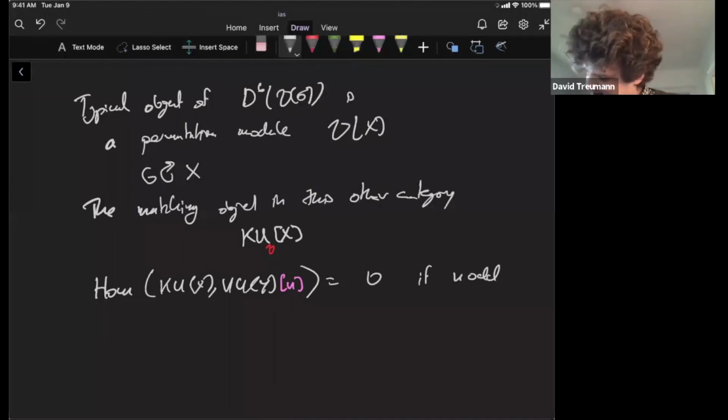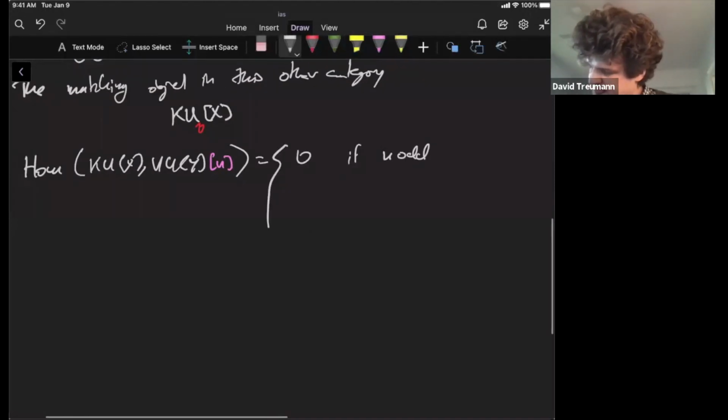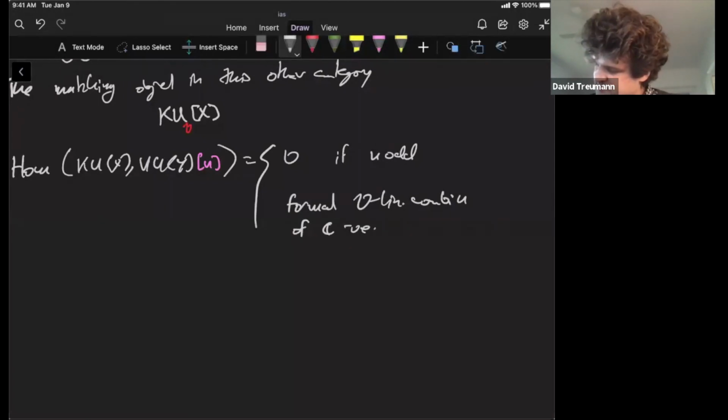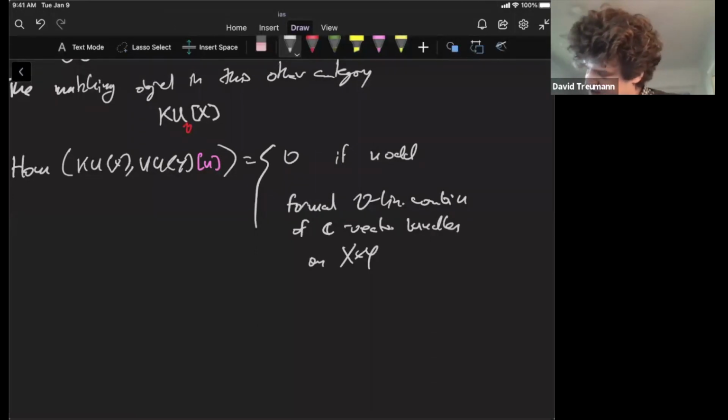And if n is even, it's going to be the formal O-linear combinations of complex vector bundles on X times Y, divided by some equivalence relation.